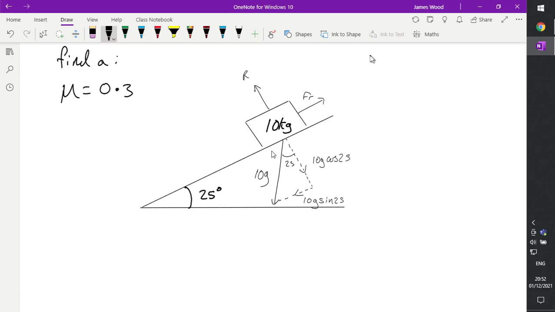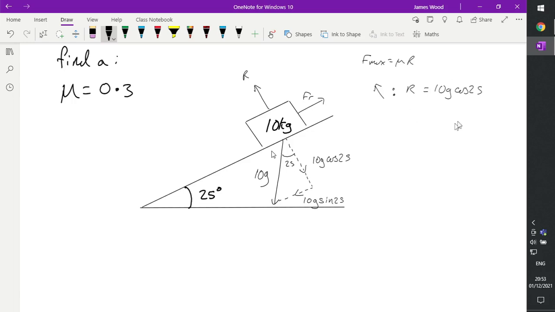Now, the maximum friction is equal to mu R. To find R, we need to resolve perpendicular to the slope. So looking at the forces perpendicular to the slope, in this direction here, we can see that R must be the same as 10g cos 25. Or you could write R minus 10g cos 25 equals 0.